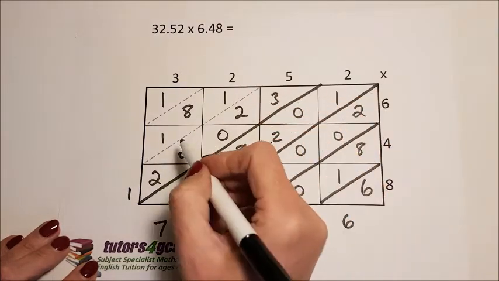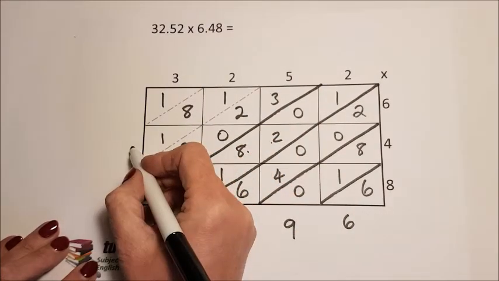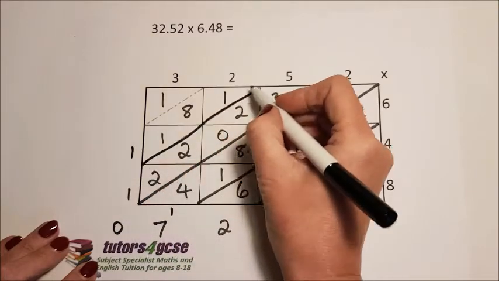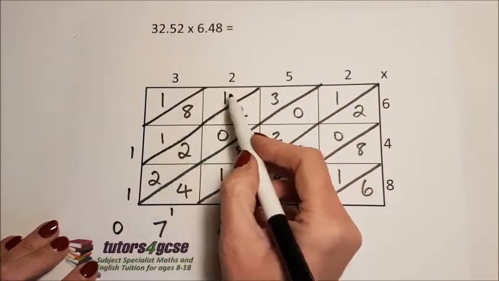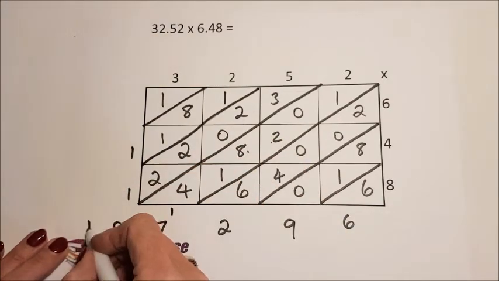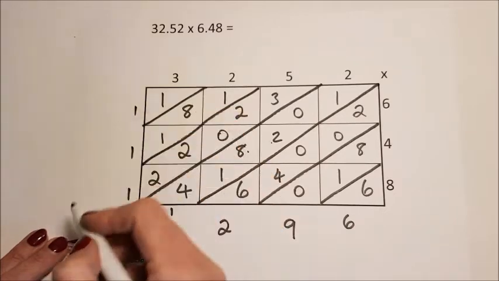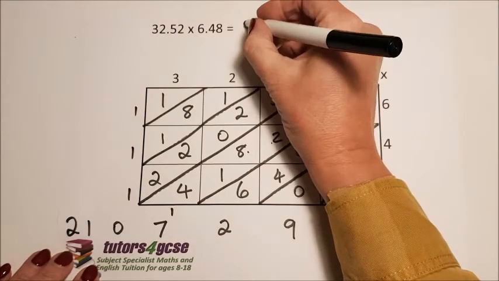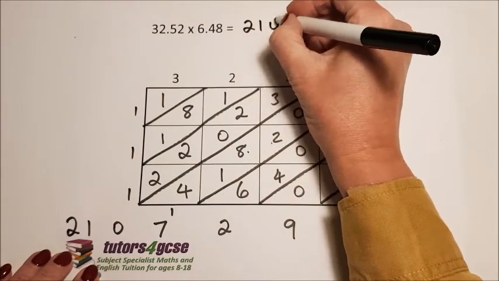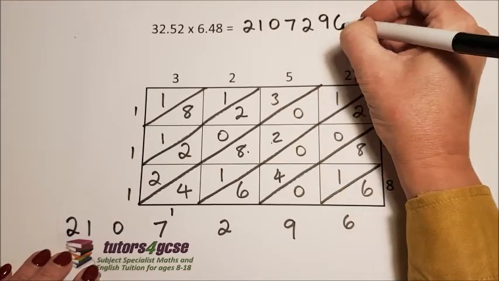So 3, 4, 5, 6, 7, 8, 9, 10. 0 down, carry 1. And between these two diagonal lines we have 8, 9, 10 and 1 is 11. 1 down, carry the 1 again. And lastly, 1 plus 1 is 2. So the digits in our answer will be 2, 1, 0, 7, 2, 9 and 6.